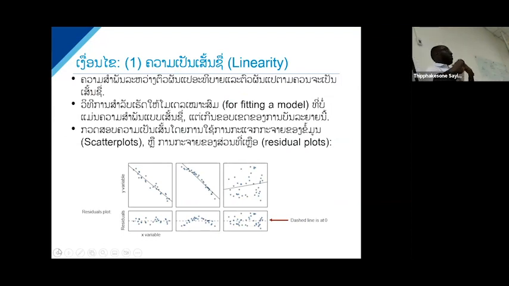It should be a sort of scatter plot with no special pattern in the residuals. Look, for example, here, there is a clear linear relationship between y and x. Let's look at the residuals. There's no clear pattern here, but here, a little bit. In fact, this doesn't quite look like a linear relationship.